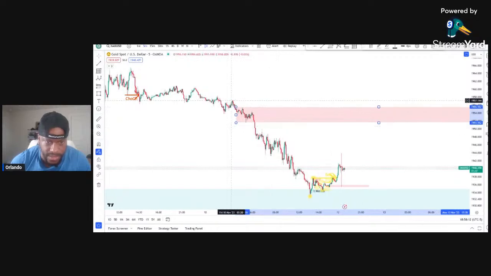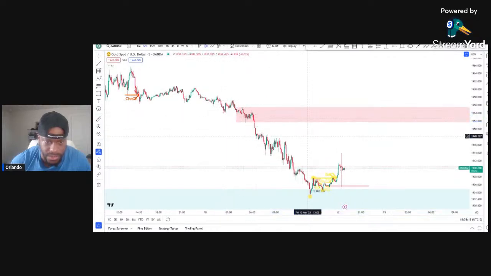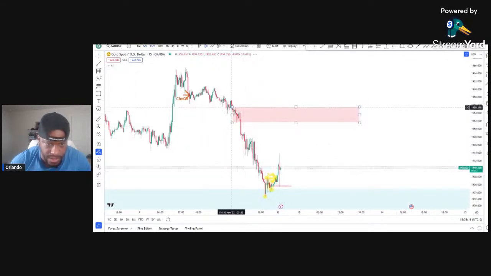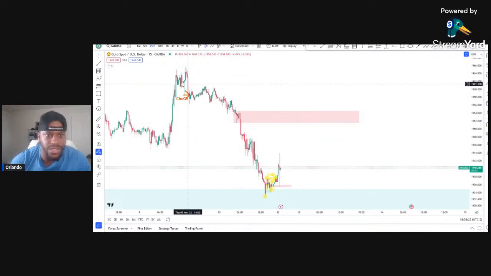Let's see. This is tapped in, broke structure. So let's see on the 15 how this looks. Yeah, so this area right here is a zone of interest because we have a distribution, redistribution that led to what? A break of structure right here internally.